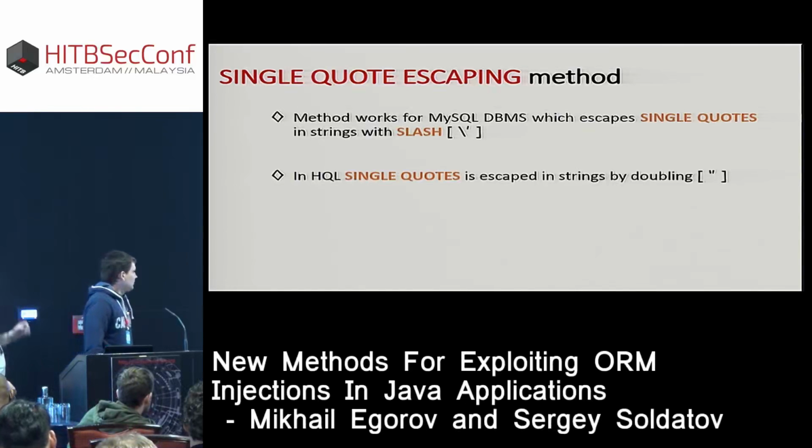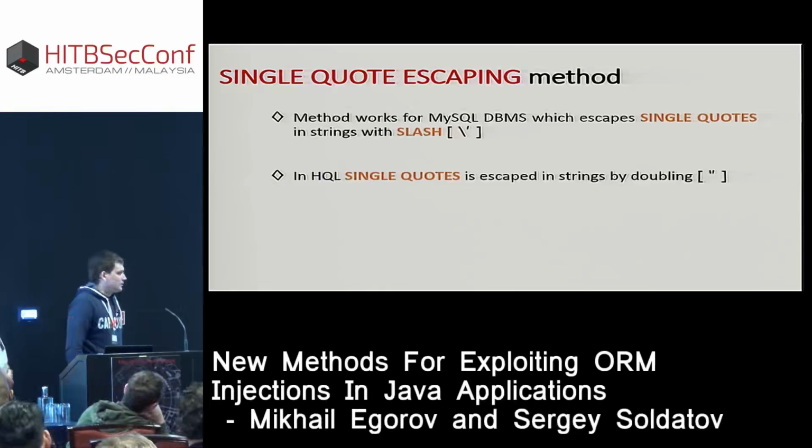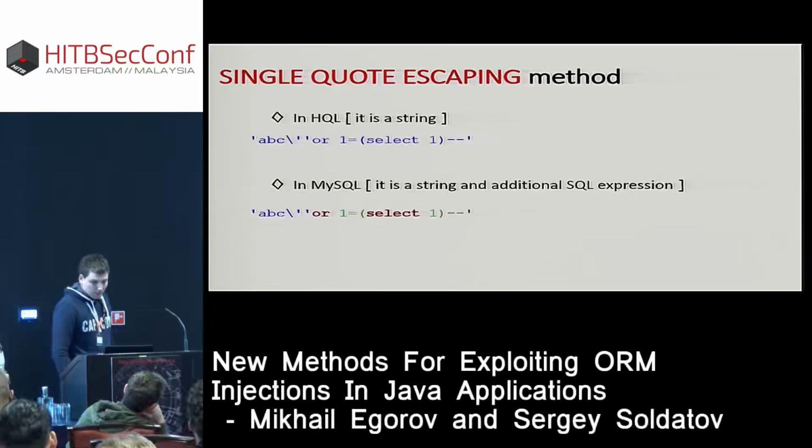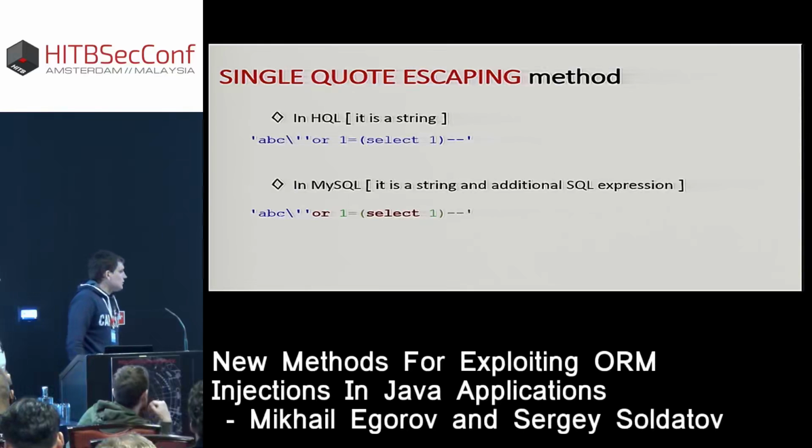But in Hibernate you must double the single quote to escape it. We can use a slash symbol with 2 subsequent single quote characters to bypass Hibernate and inject an arbitrary SQL query.